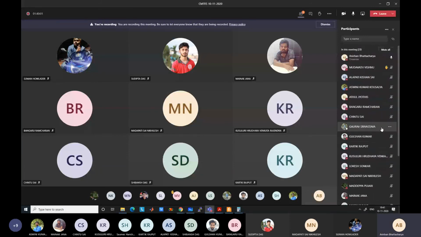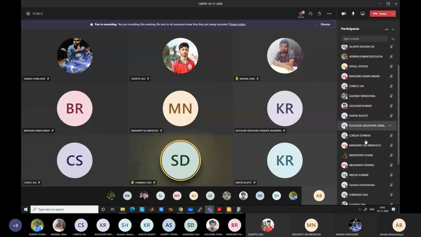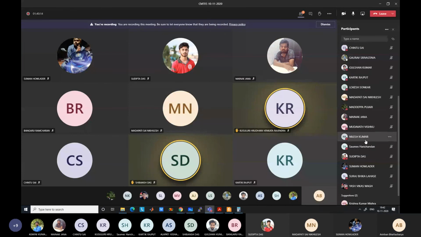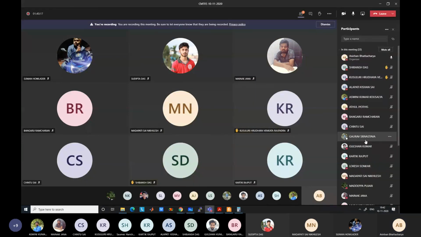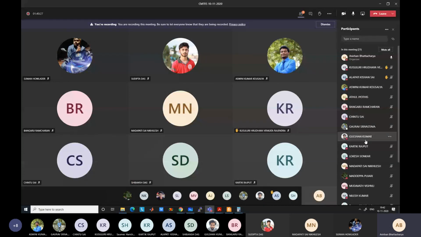Yash is there, but it's not responding. Okay, Yash is present. Then Vishnu is present. Mainak is present. Then Prabhat Kumar Mishra. Prabhat is absent. Shivangsh present. Alapati Kishan Sai present. Dhruv is not there. Then Venkata Rajendra is present. Atul, just a second. So Atul is present.